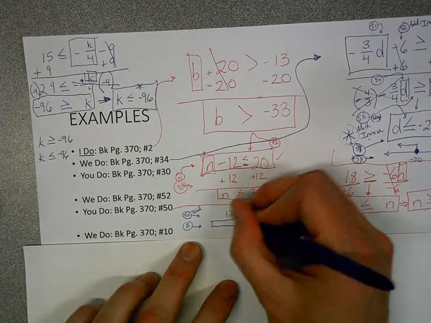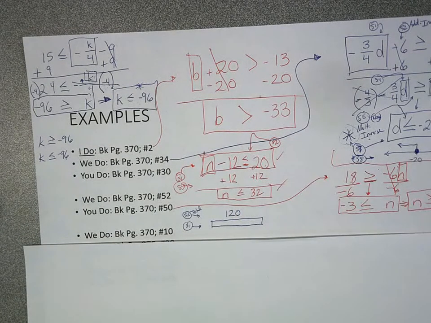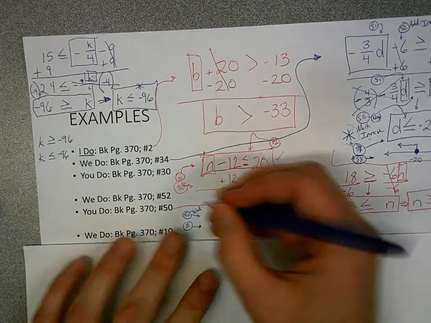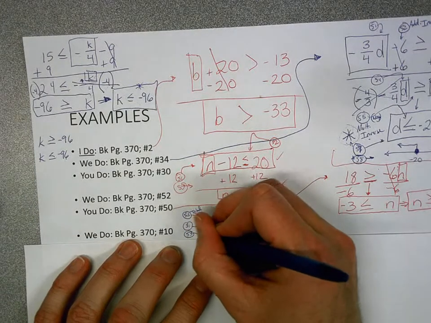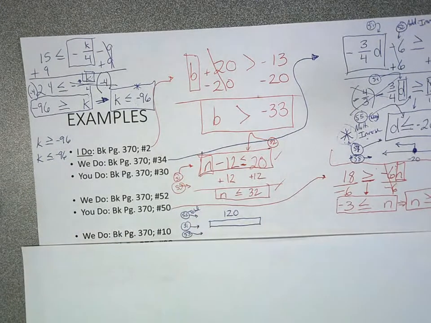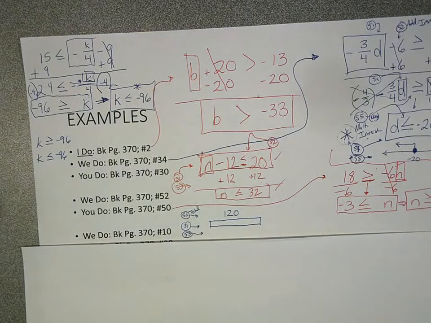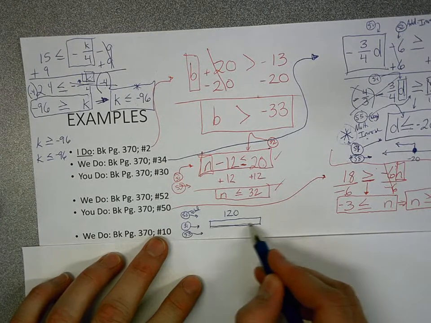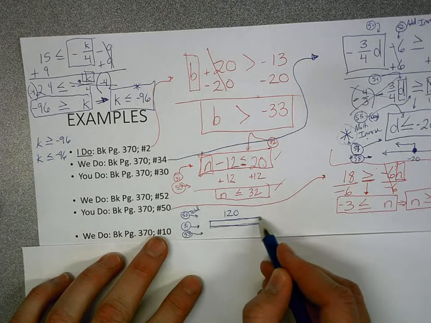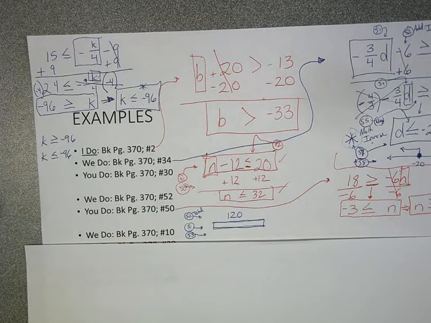That's the total amount. Now, the storyline, whatever the situation is, is going to create our expression down below. And whatever the expression is going to be the same length or equal to the top. Let me say that again. It's not going to be equal because it's talking about an inequality, so just know that. But that's how we can still use it to set it up.